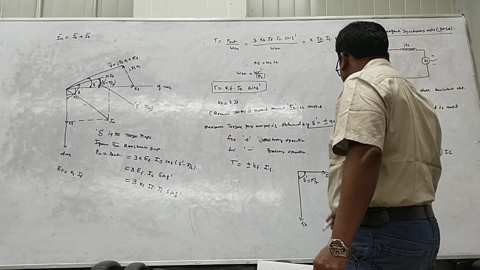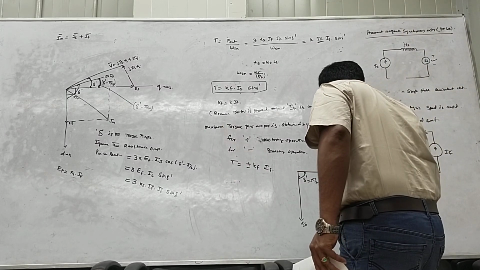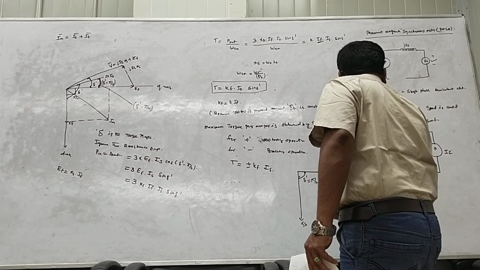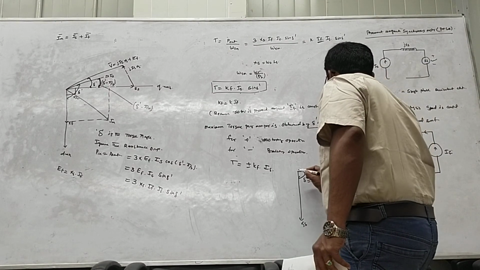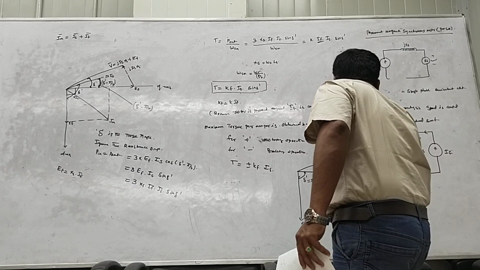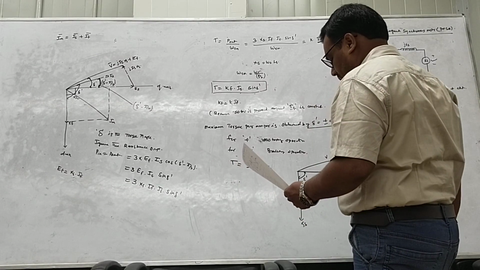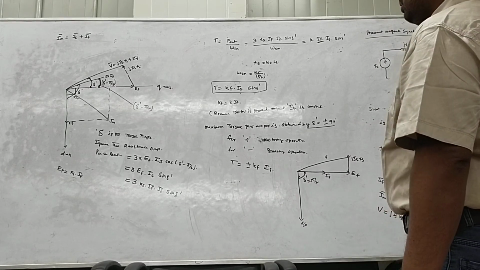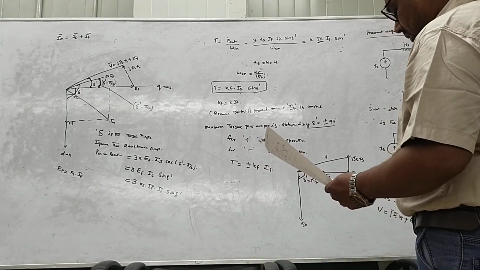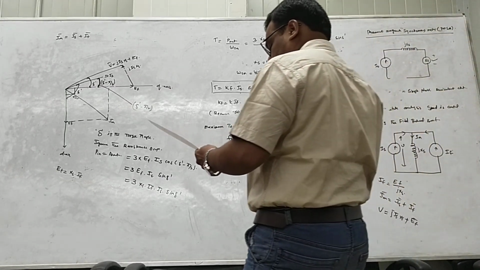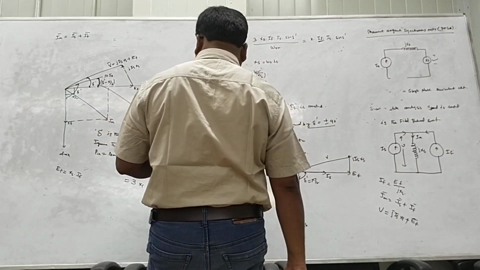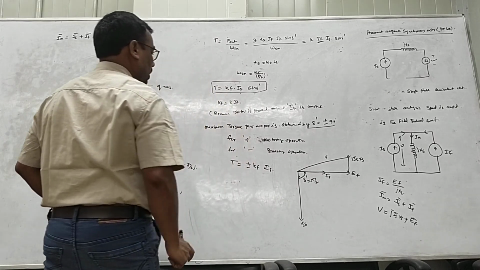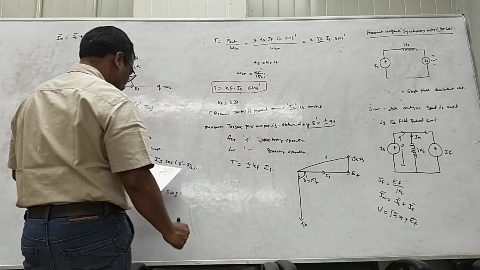And if it is maintained at pi by 2, then this particular component is j into Is into Xs, and this value is now your voltage V. So if you maintain the maximum torque, what is the condition here?